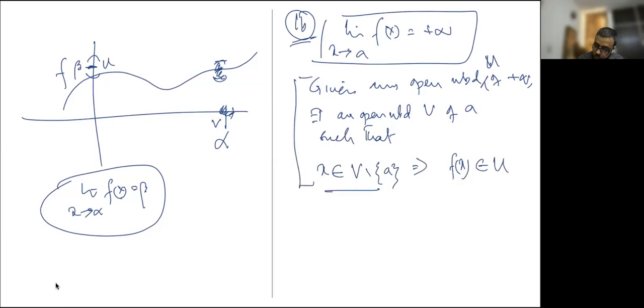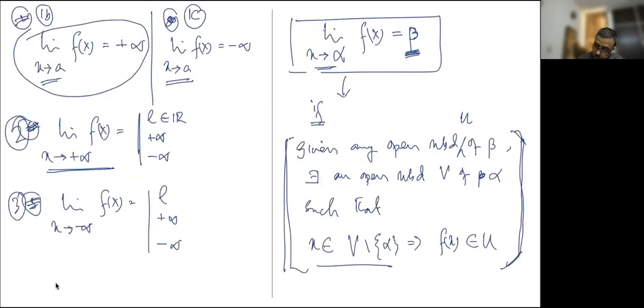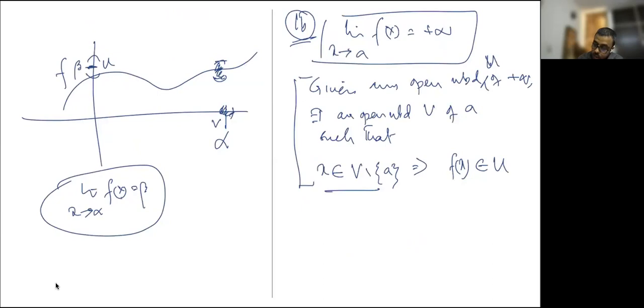This is exactly, so here I have not made any change. I've essentially written this, just replacing beta by plus infinity here, alpha by A here.